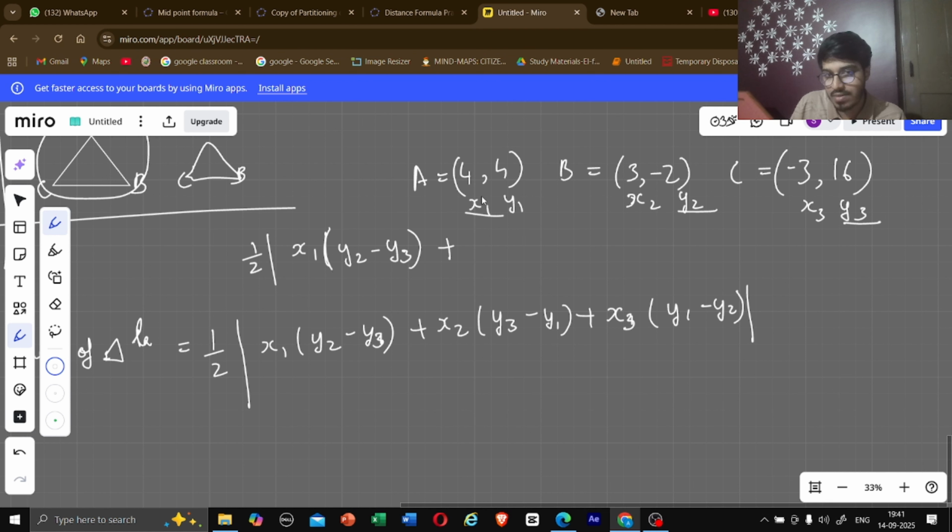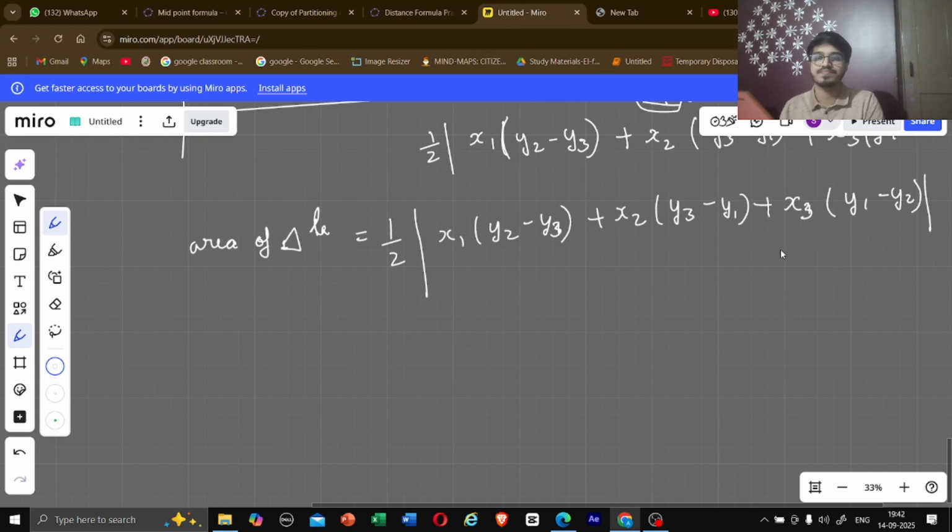Next you write x2, and take the consecutive ones: for x1 we took y2, y3, now for x2 we take y3, y1. Then for x3 we take y1 minus y2. So this is how you can remember this formula easily.